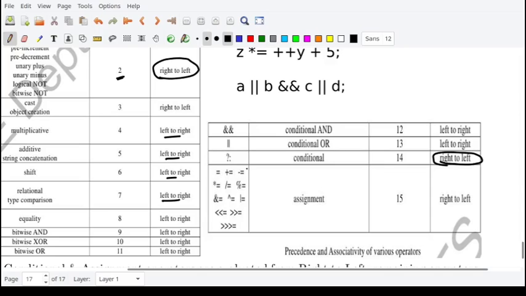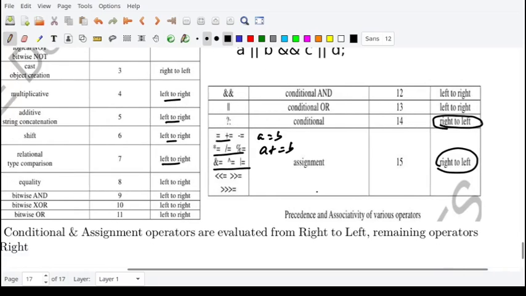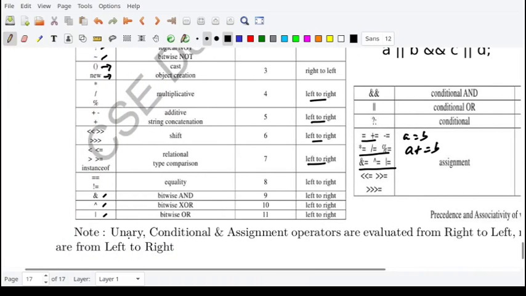Then you have all the assignment operators, that is assigning A equal to B, or A plus equal to B. Okay, so such assignment operators all have the last priority and they are evaluated from right to left.